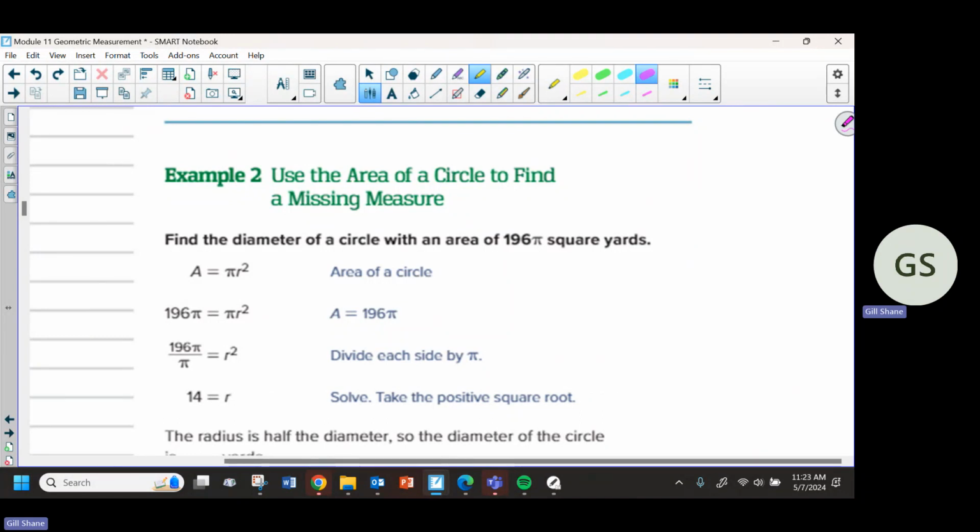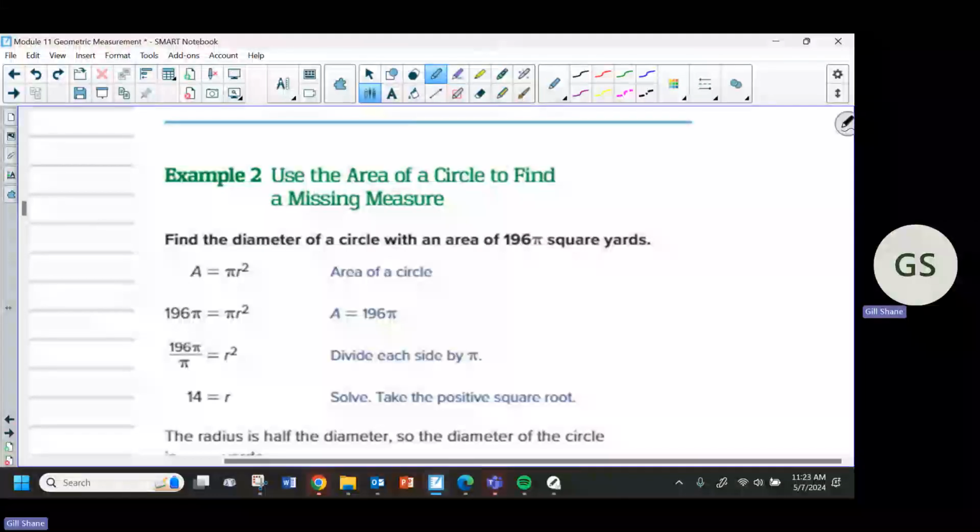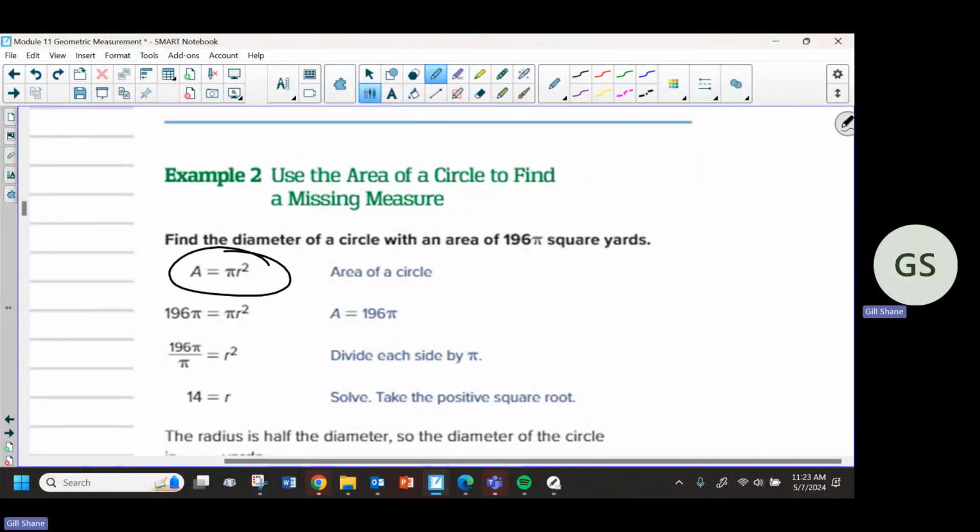I'll draw a picture real quick. So this is if you're given the area and you have to go backwards and find just the radius. Again, nothing changes. It's the same formula. Well, I shouldn't say nothing changes. You're just putting the area in here and then solving for r. I'm skipping over that one so we can get to the one that's your exit ticket.